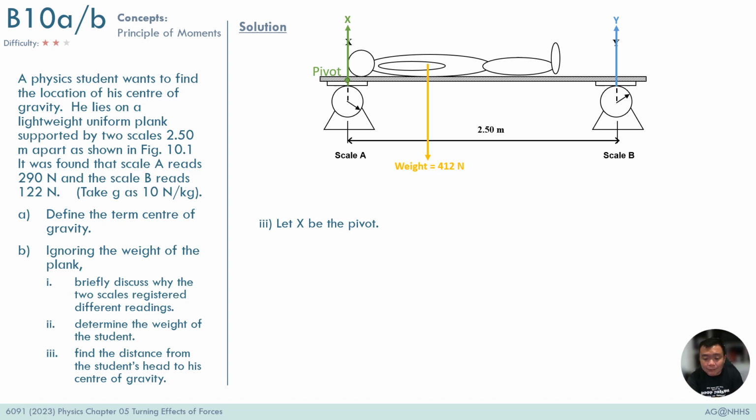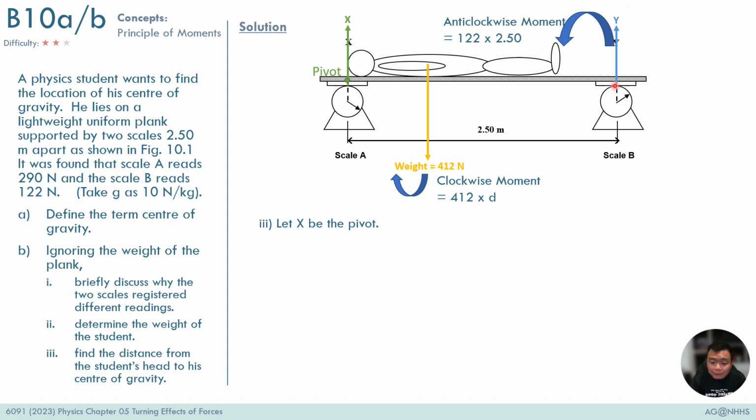Now, knowing that point X will be the pivot, we will look at the different forces and determine the type of moments that they will cause. The weight of the person will push down on the plank, and will want to make the plank rotate in a clockwise manner. So that is the moment here with the respective values and distances.